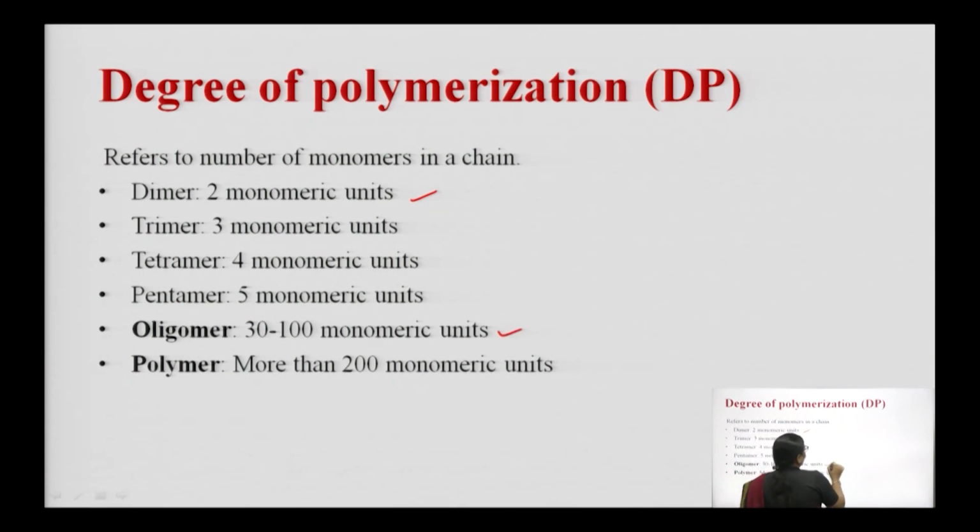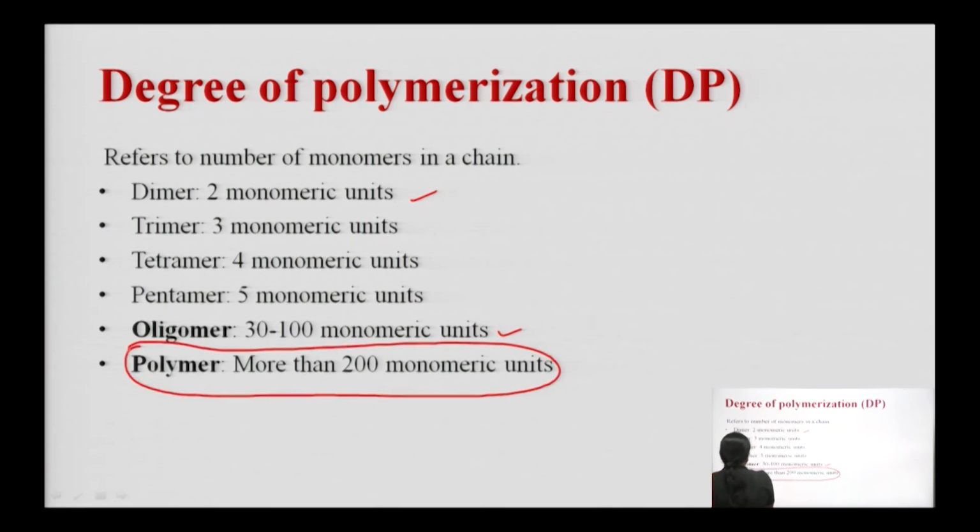Oligomers have 30 to 100 monomeric units, and a polymer is formed when there are more than 200 monomeric units. So, the term polymer is used when there are more than 200 monomeric units in a chain.